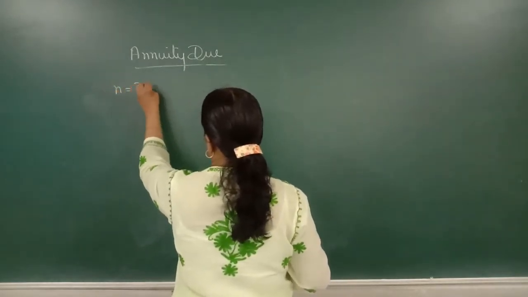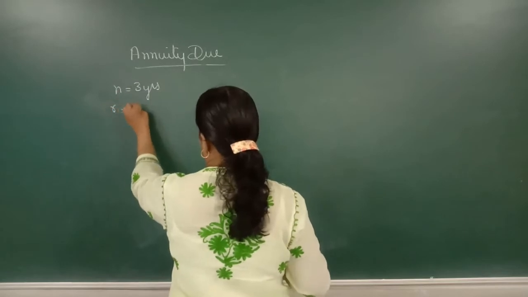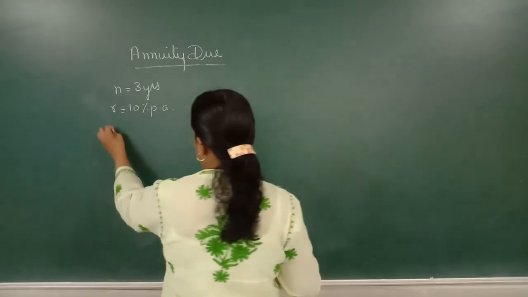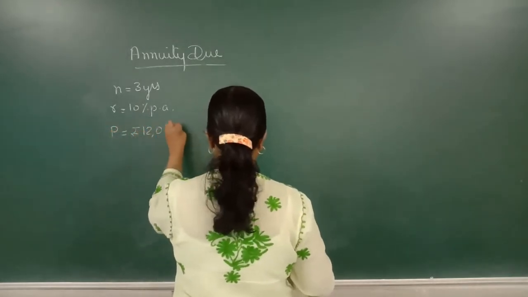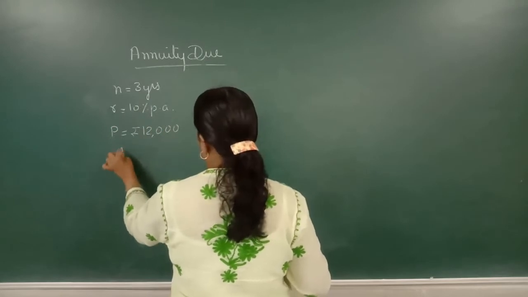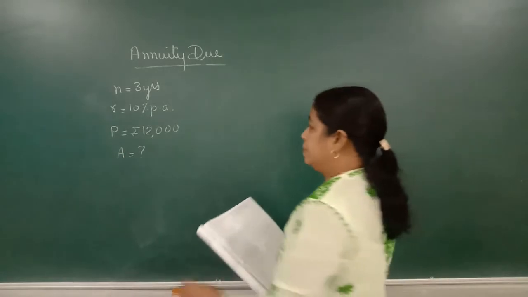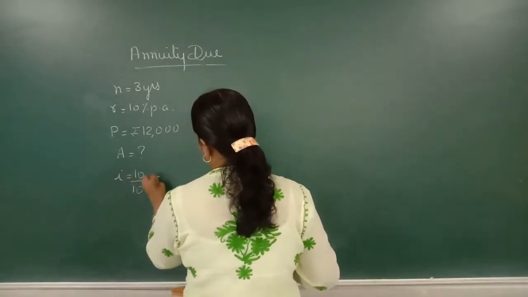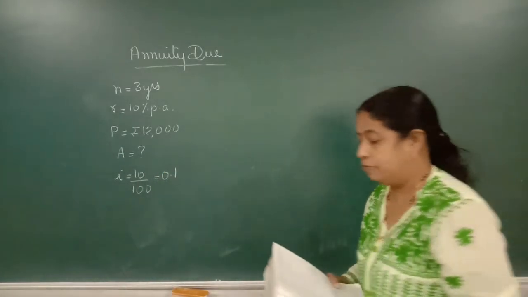R is given to be 10% per annum. Present value P is given to be ₹12,000. We want to find the accumulated value. R means I is given as 10 upon 100, that is 0.1.